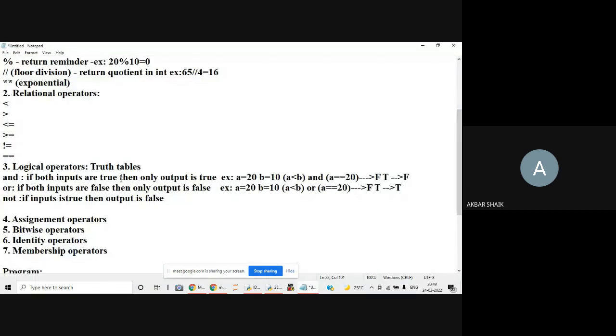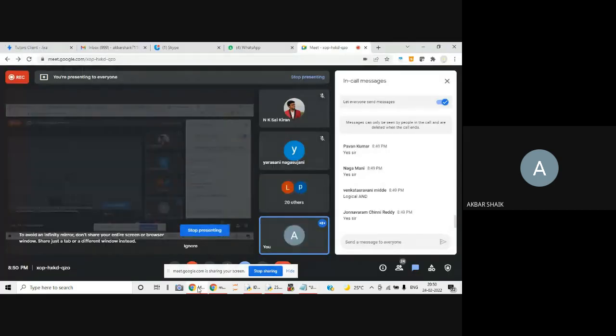In AND truth table, if both inputs are true, then only output is true. That is AND. In OR table, if both inputs are false, then only output is false. This is OR. Do you understand the two inputs and outputs for AND and OR?